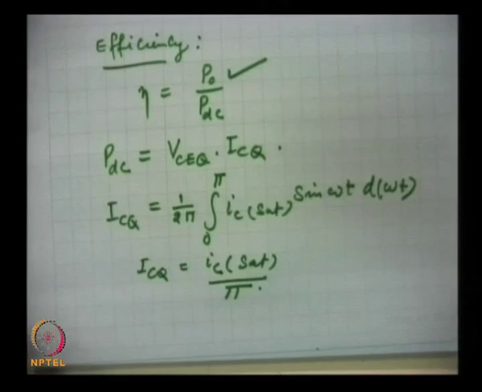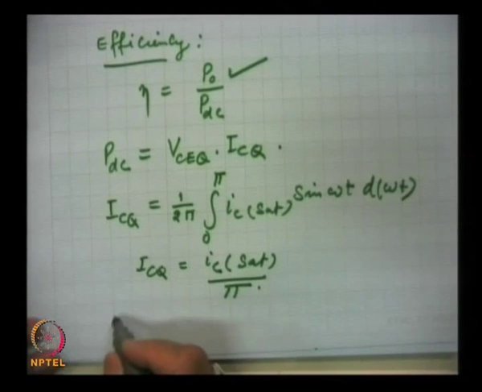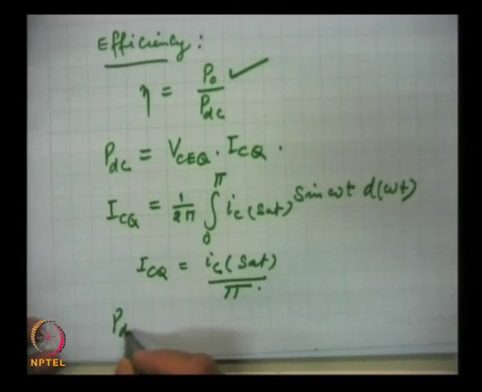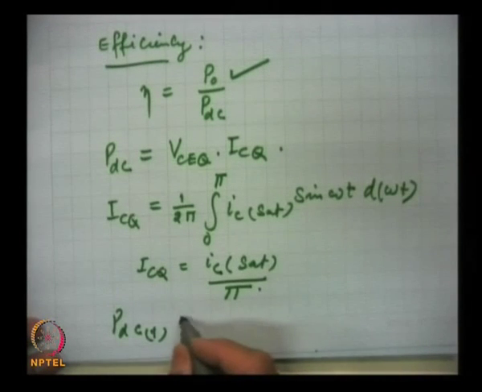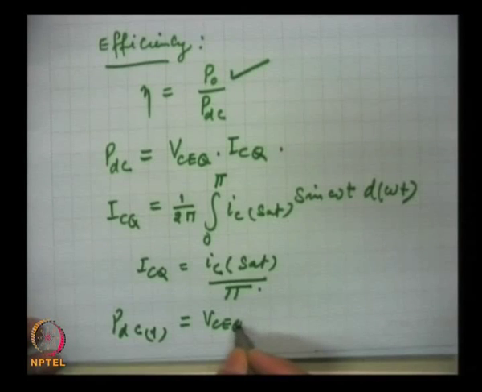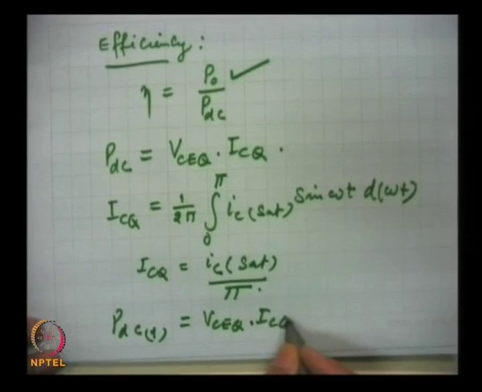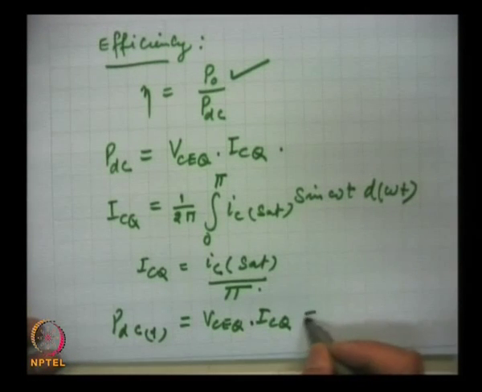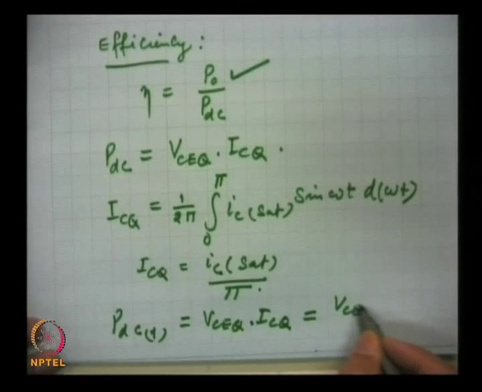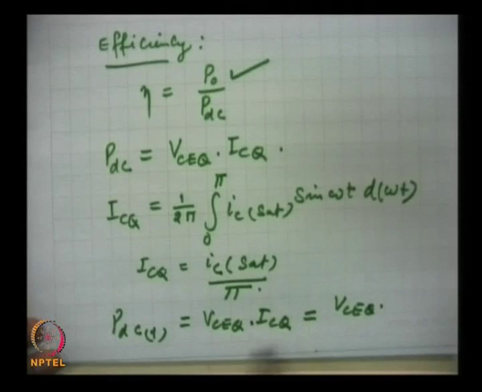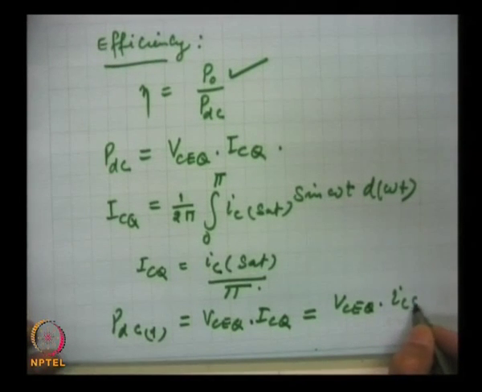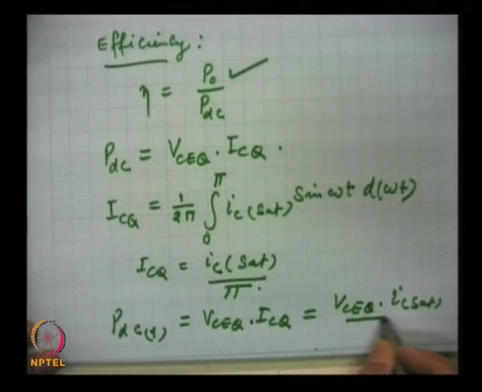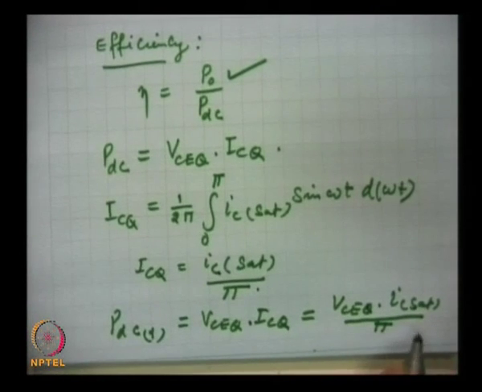Therefore, PDC for one transistor is VCEQ into ICQ, which is VCEQ. Now we substitute for ICQ, so IC set by pi.